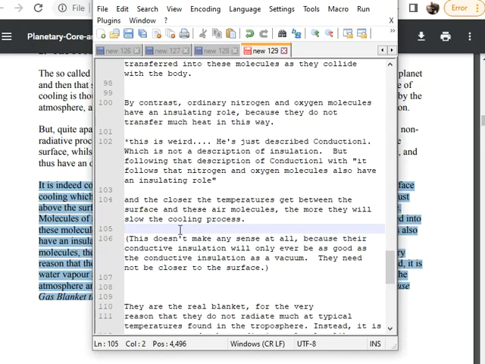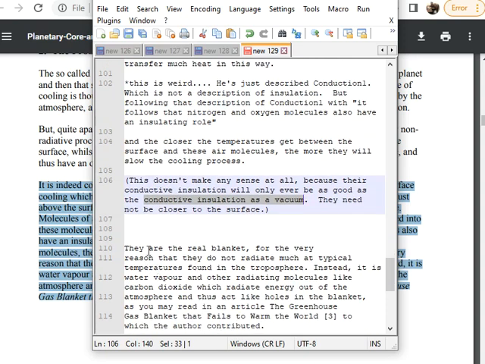So when he says the closer the temperatures get between the surface and these air molecules, the more they will slow the cooling process, that doesn't sound right to me, because it's not a matter of them being close. It's a matter of them having pretty much the same conductive insulation as a vacuum. So they need not be any closer to the surface, and their insulating ability is not improved by bringing them closer to the surface.